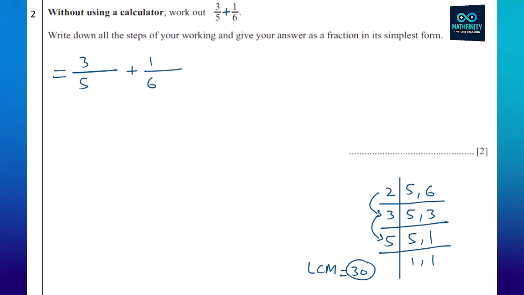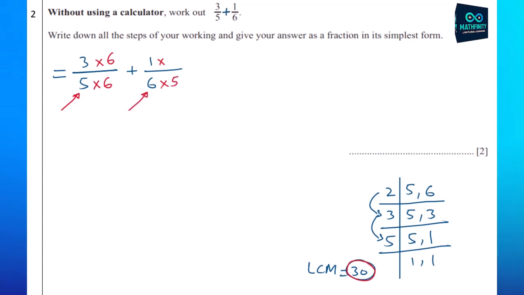As we found the LCM 30, it means in the denominator we have to make 30. So you have to think properly what number you will multiply by 5. It will be 6. So 6 you have to multiply here and here. What number will you multiply by 6? It will be 5. So 5 here and 5 here.